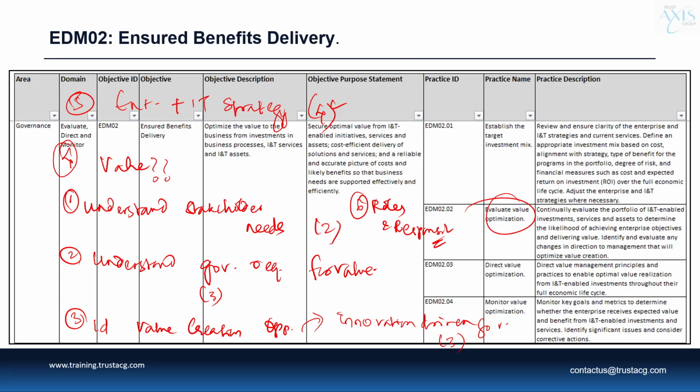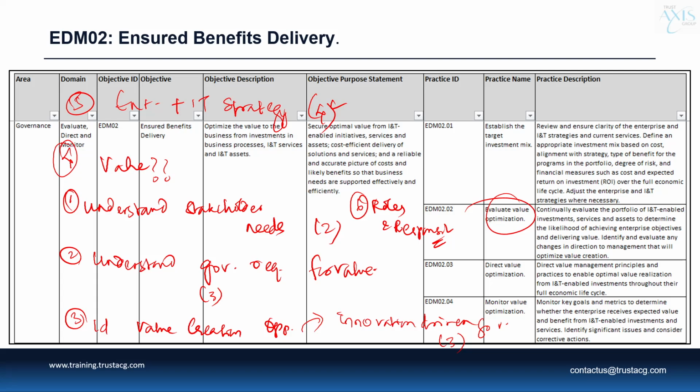And then you must also review your investments and financial management alignment. You need to check if the management of your IT enabled investments aligns with financial management principles such as return on investment tracking and cost transparency. This actually bridges the governance with finance discipline.